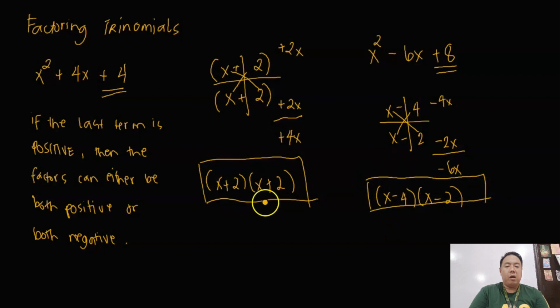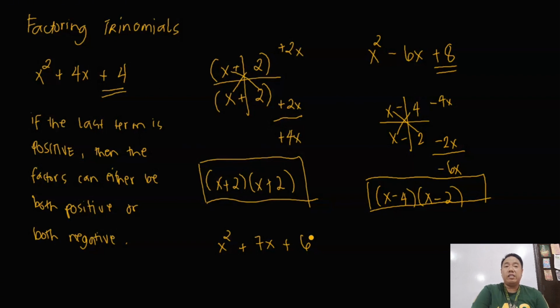O sige nga po, pakitry po nitong given natin na x squared plus 7x plus 6. Isipin maigi. Ano po kaya yung pwede maging factors ng 6 na kung saan ang magiging sagot natin pag tinotal natin ay yung middle term po natin.